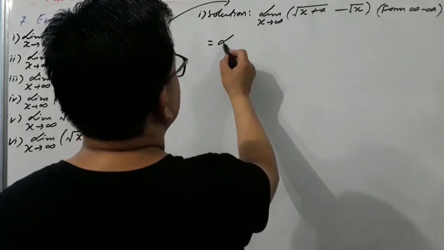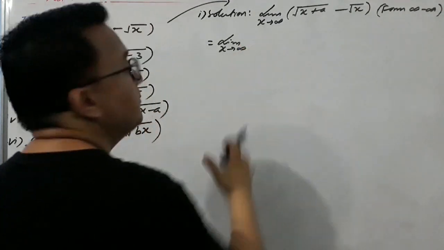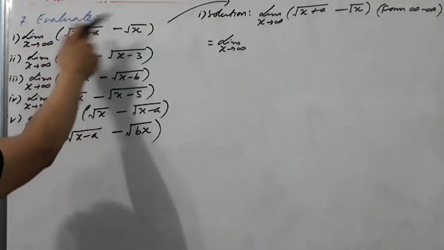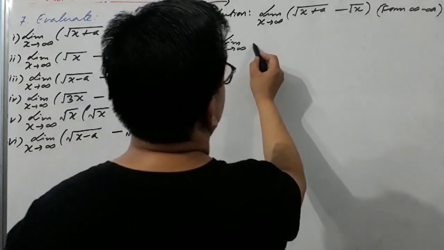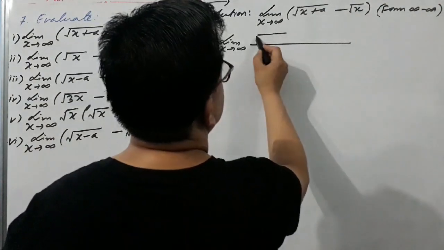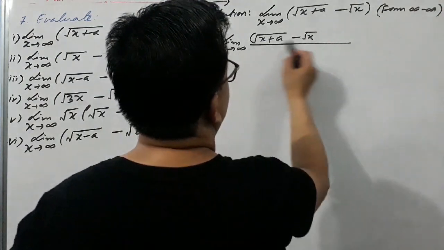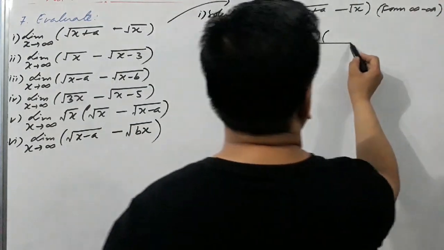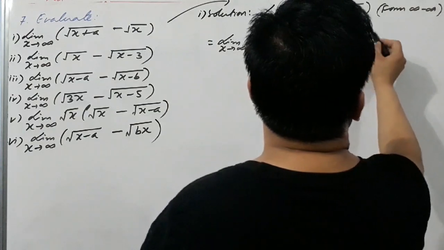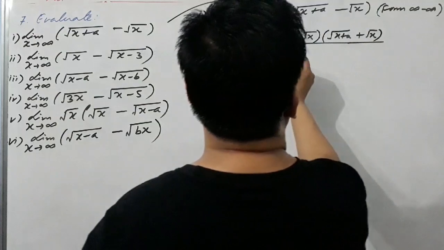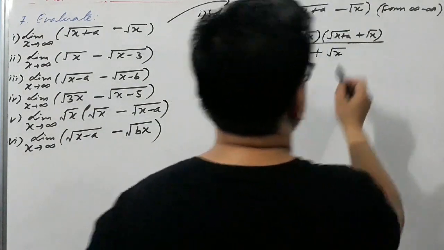Okay, so when you get this type of expression, you need to simplify. Here is a radical expression, so you can multiply by the conjugate in numerator and denominator: root x plus a plus root x.